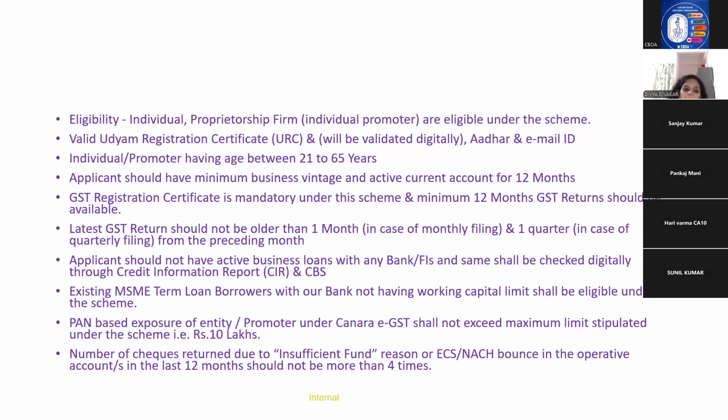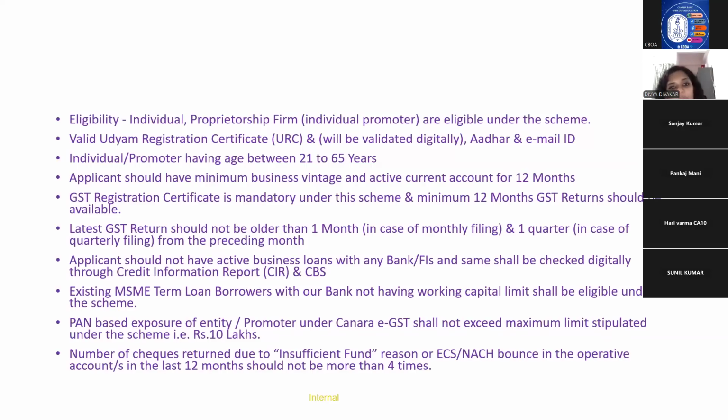Eligibility: individual and proprietorship firms are eligible under the scheme. Valid Udyam registration certificate, which will be validated digitally. Aadhaar and email ID should be there. Individual or promoter having age between 21 to 65 years.